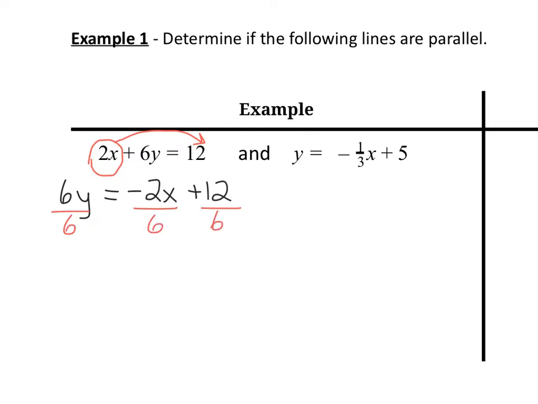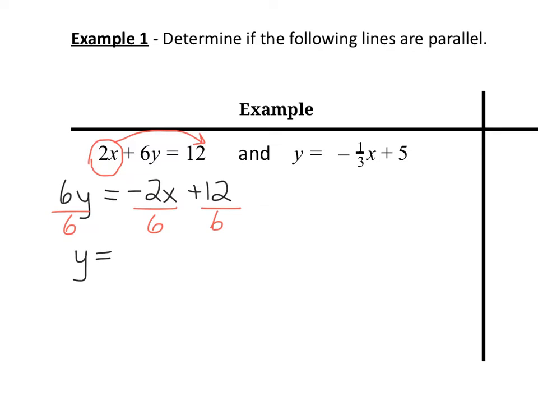So if I were to do that, that's going to leave me with y equals. So now I've got negative 2 divided by 6. Negative 2 divided by 6 is not going to divide out nicely, so instead we are going to treat this like it is a fraction. So it would be negative 2 over 6, and we want to reduce that and make sure that it is in lowest terms.